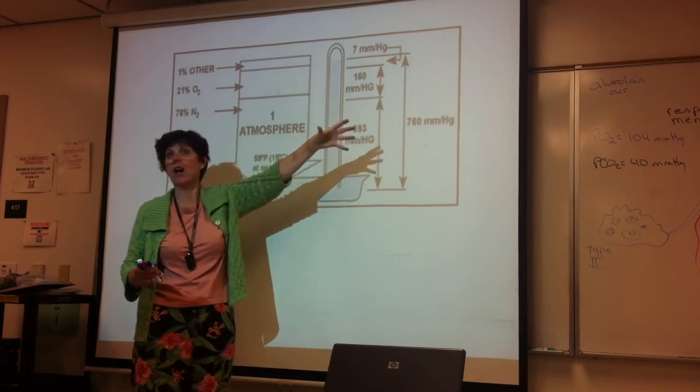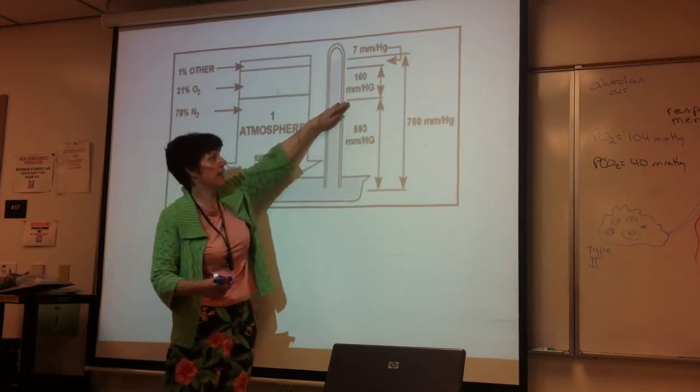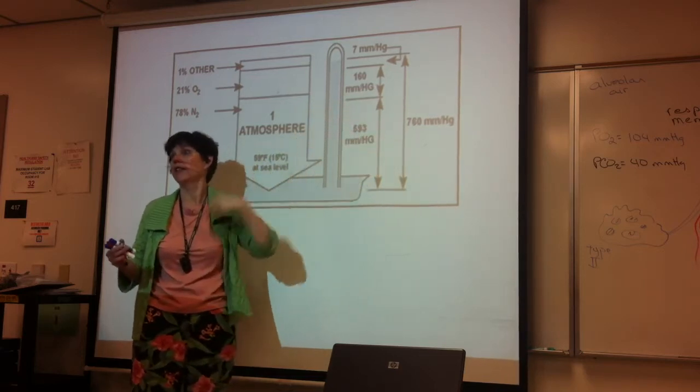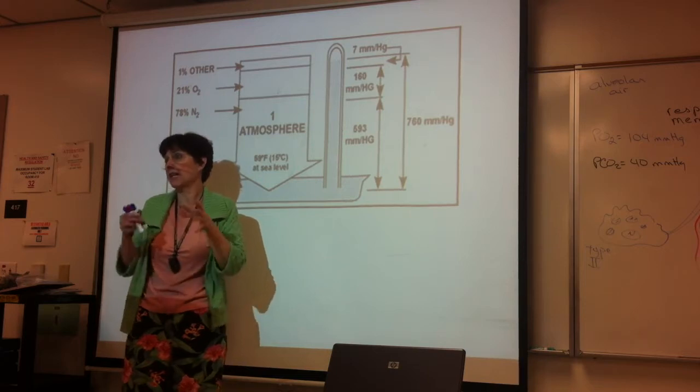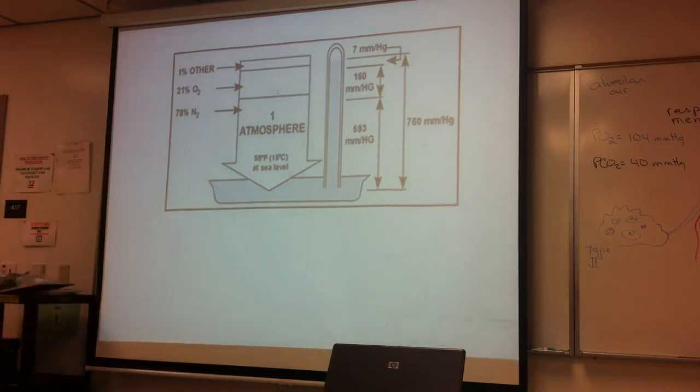If we took out all of the oxygen, the nitrogen itself would only go that high. That's what 78% of 760 is. So each gas, depending on the number of molecules, is going to have its own contribution to the overall pressure. And that's what partial pressure means.